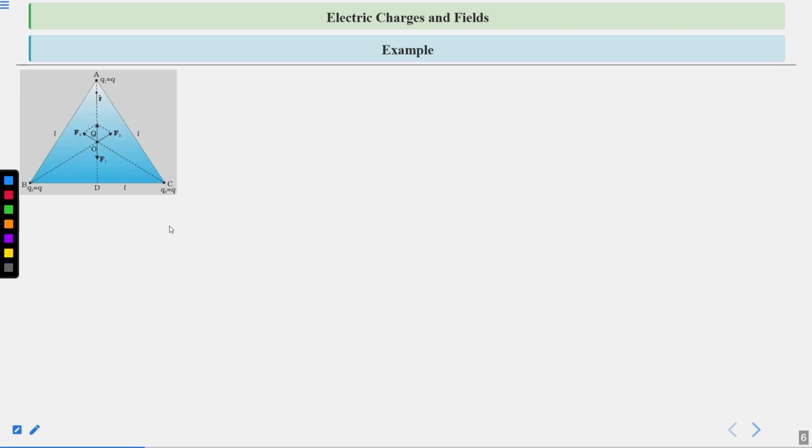So force F3 on Q due to charge small q placed at point C, look at here, this one. So F3 is equal to 1 divided by 4 pi epsilon naught, Qq divided by L square along CO. So these are all the forces F1, F2 and F3.